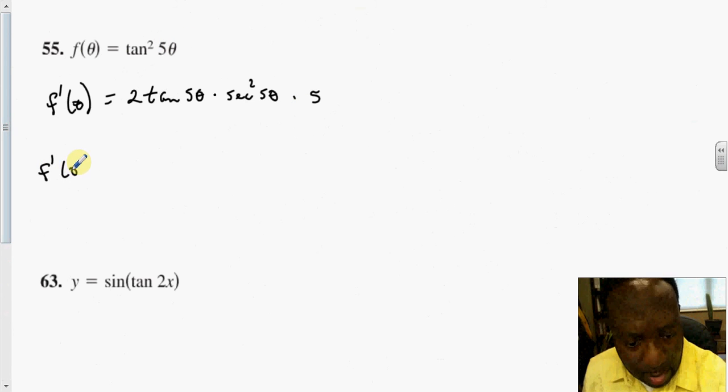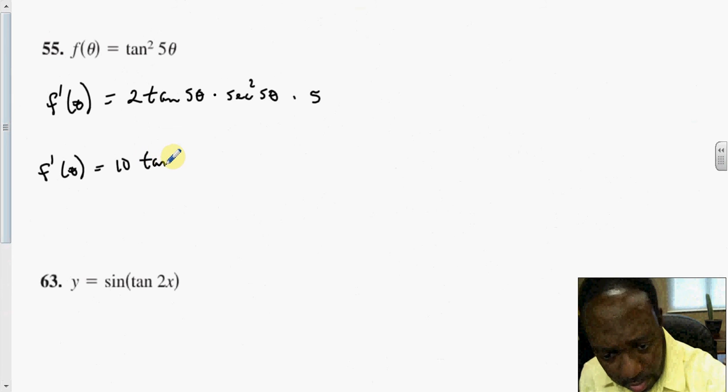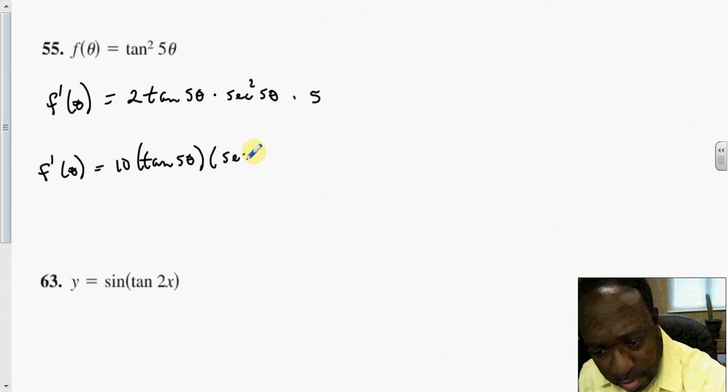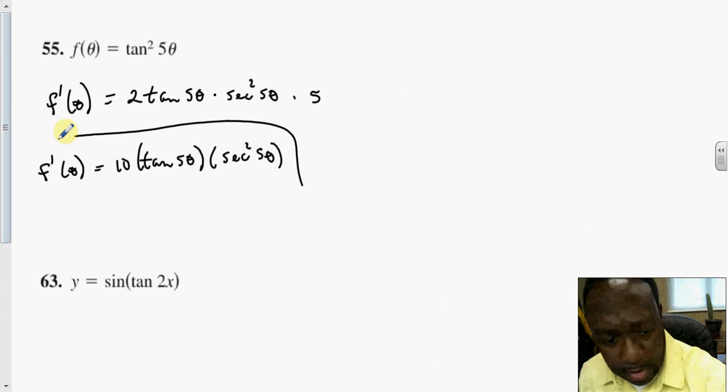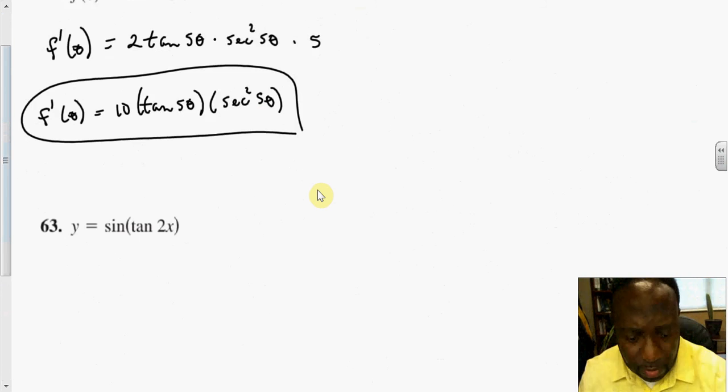So f prime of theta is 2 times 5 is 10, times tangent 5 theta, times secant squared 5 theta. So that's the chain rule.